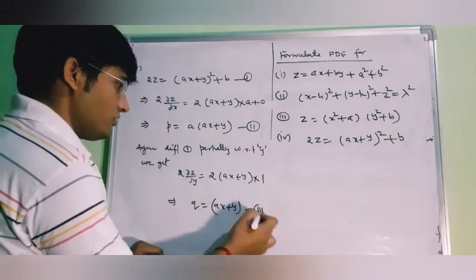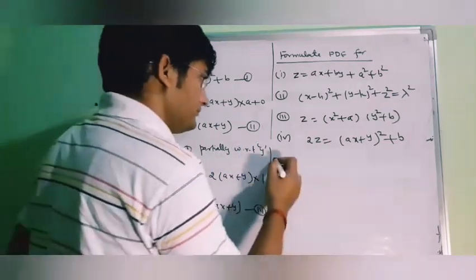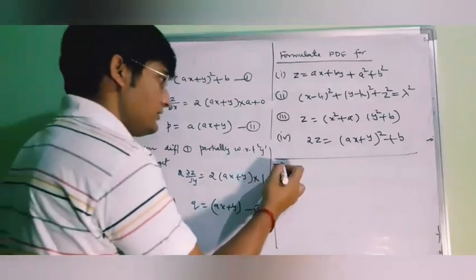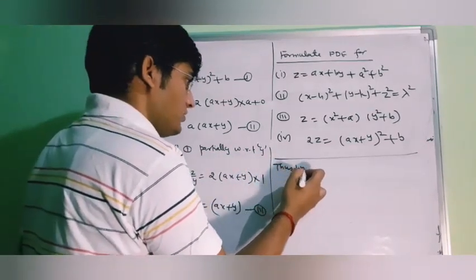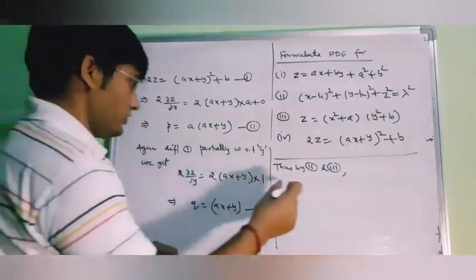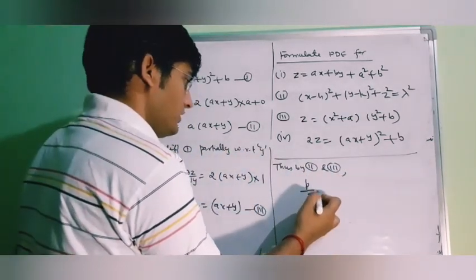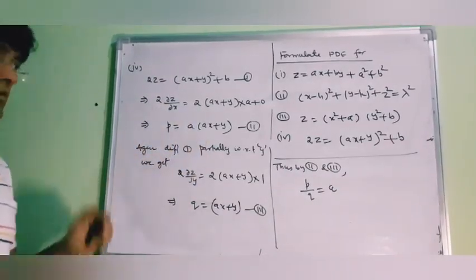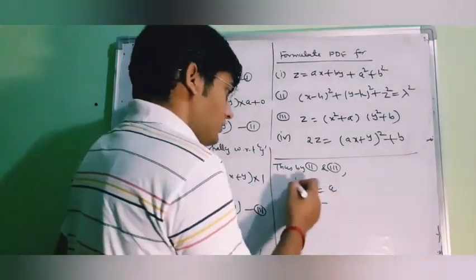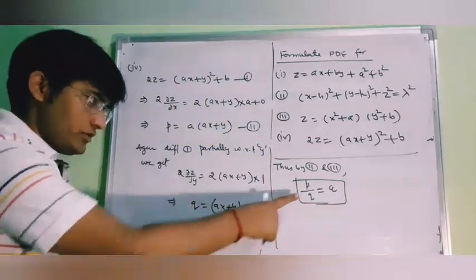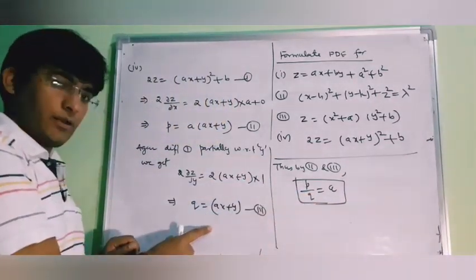Now from equation number 2 and 3, let us divide 2 by 3. Thus we get p upon q equal to a. So p upon q is equal to a. So we have the value of a as p upon q. Now let us put the value of a in equation number 3.